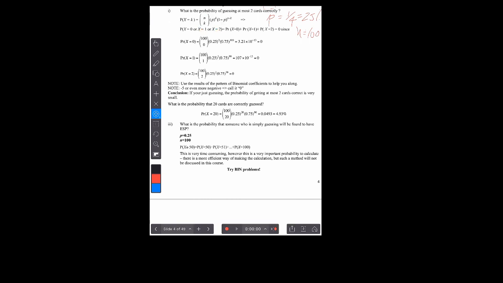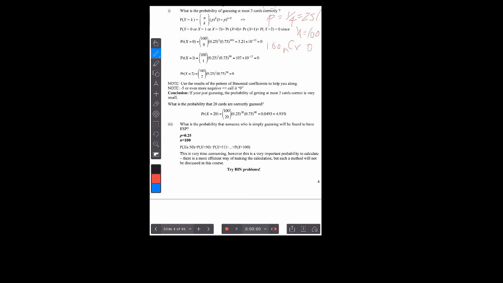I give this exercise so you can practice with your calculator and understand what you get on the face of the calculator. So when you punch this in, remember this is 100 nCr 0. You're going to hit 100, second function, nCr, 0, equals, and you're going to get the answer there.